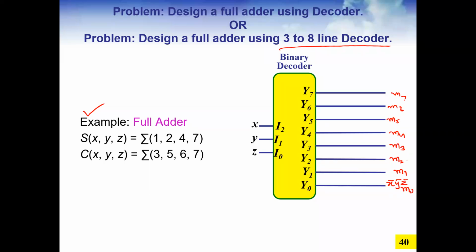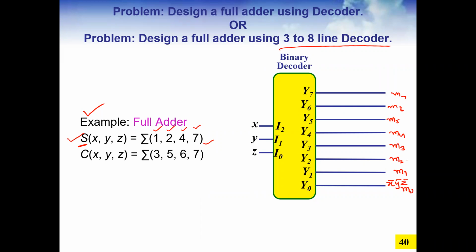Yes. Okay. Now look at this expression S. What are these minterms communicating here? They are saying the output S will be equal to 1 if the input is either 1, 2, 4 or 7. So if any such input is there, S will be high.